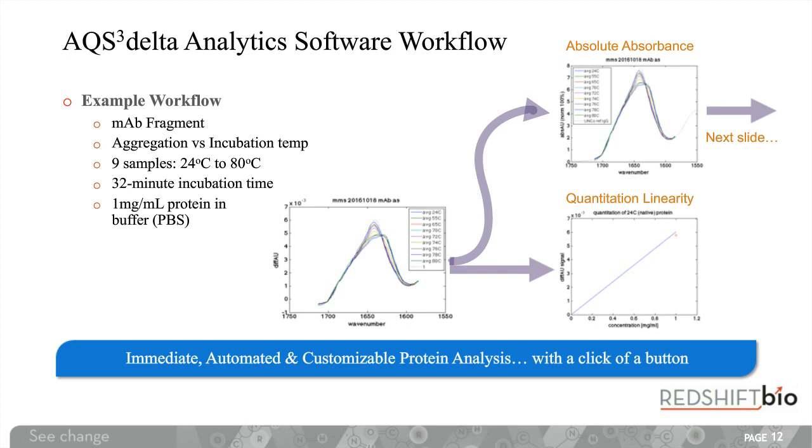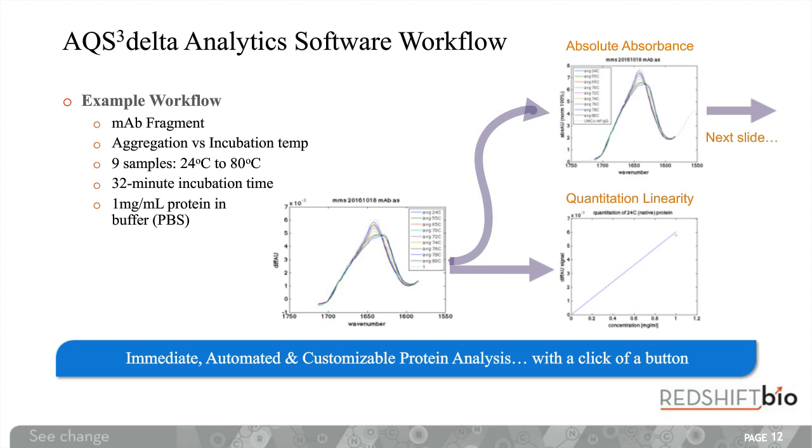We actually do one more step before we do the second derivative analysis I just described, and that is to transform between your raw differential spectra that you acquire on the system to what we call the absolute absorbance spectra that simply account for the concentration of your sample and something similar to the specific volume that your samples occupy within the solution, something we call the protein displacement factor.